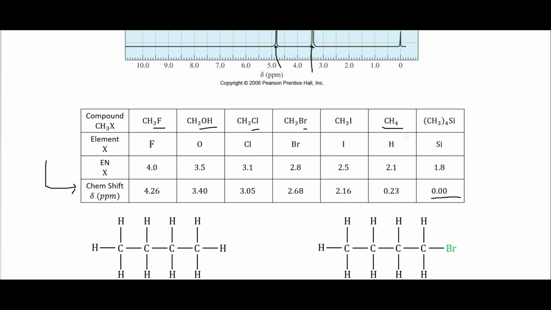So just the CH4, it's only about 0.23, but then we add this iodine, that shifts it to the left by 2.16, the bromine 2.68, chlorine 3.05, OH 3.40, and the fluorine 4.26.